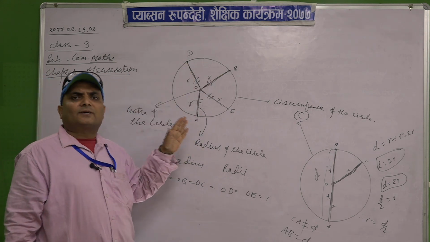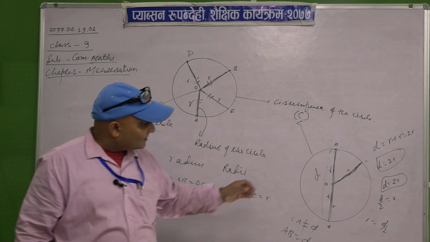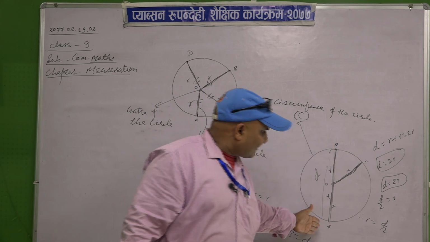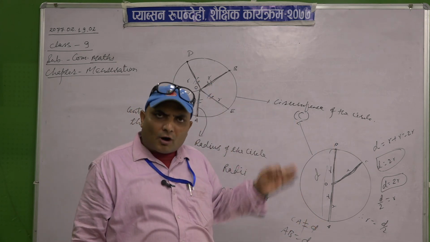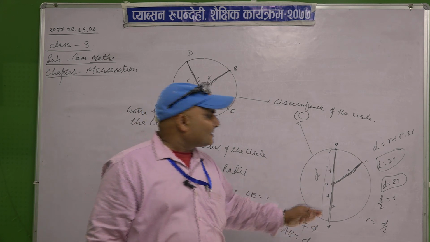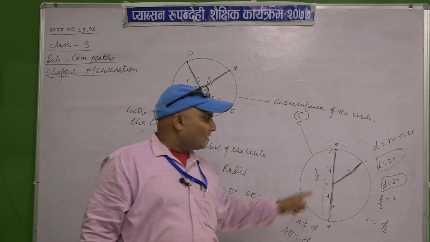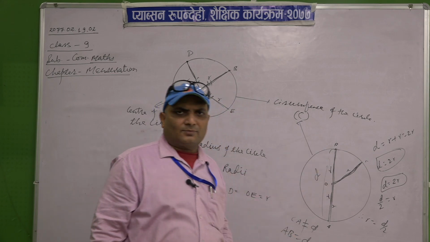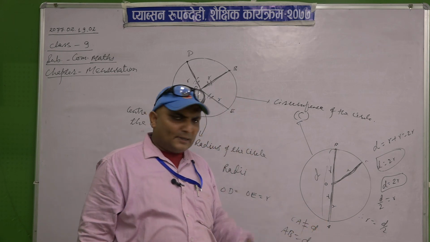All the radii of the circle are equal. And diameter: what is diameter? Diameter is the chord which passes through the center of the circle. In this figure, AB is a chord which passes through the center of the circle. That is why AB is called the diameter of the circle.